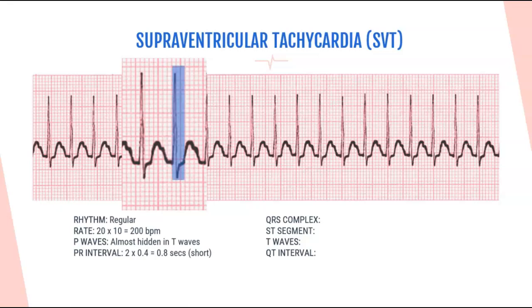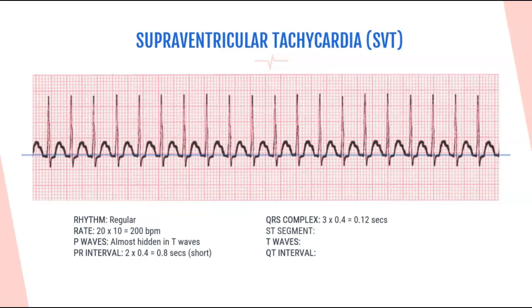Our QRS complex is about 3 small squares. If we multiply that by 0.04, it gives us 0.12 seconds, which is within normal range. Our ST segment comes back down to the isoelectric line.